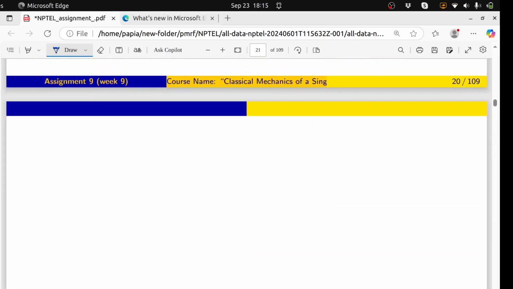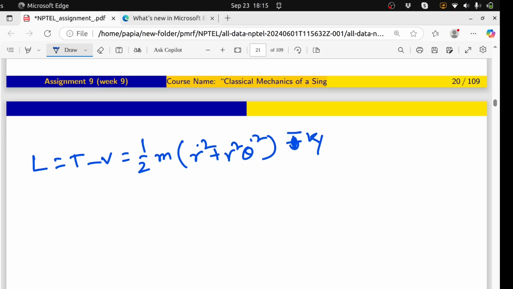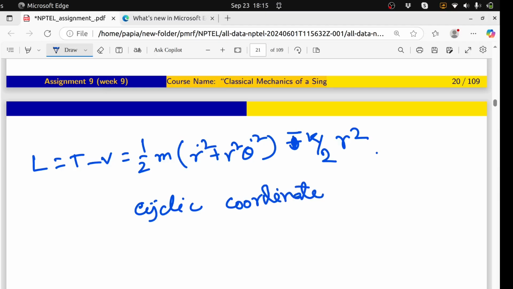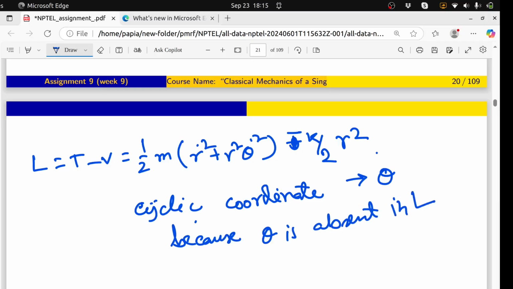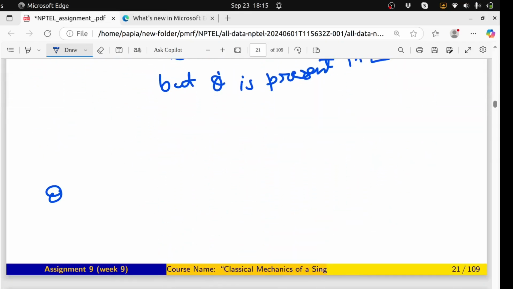So from this expression, we can see that the cyclic coordinate is theta, because theta is absent in L but theta dot is present in L. So I can say that theta is the cyclic coordinate here.